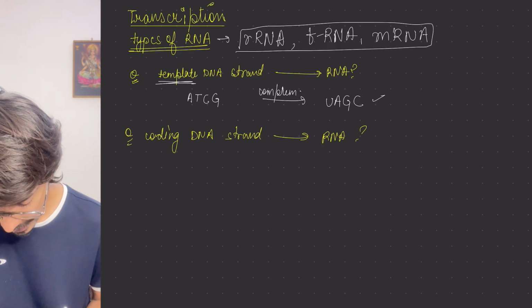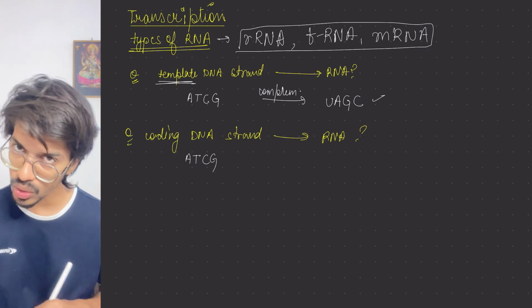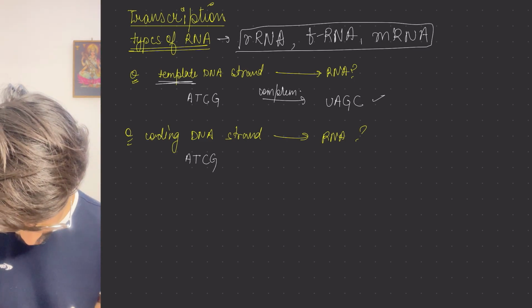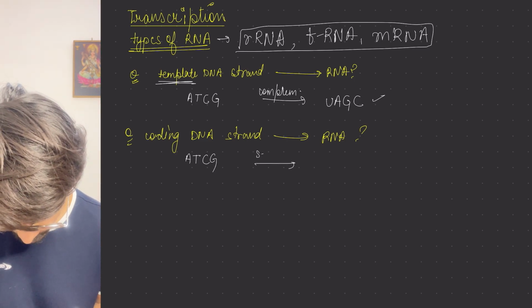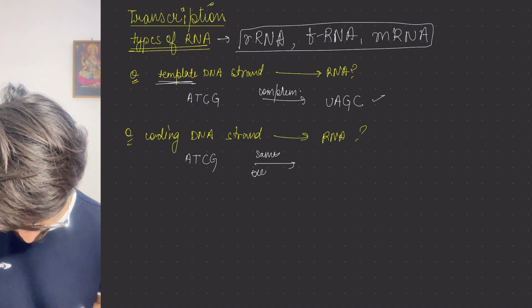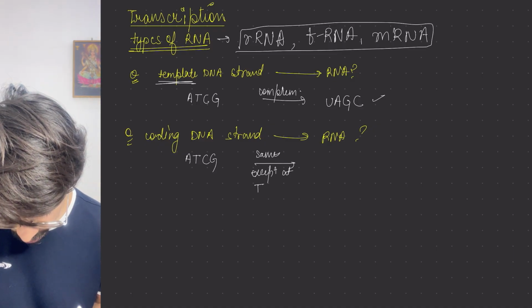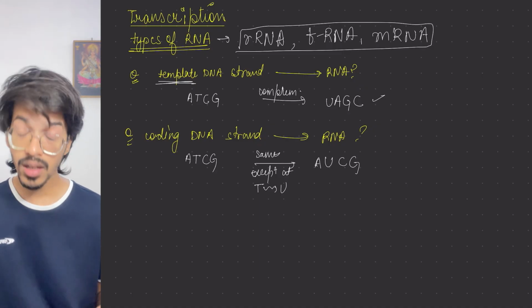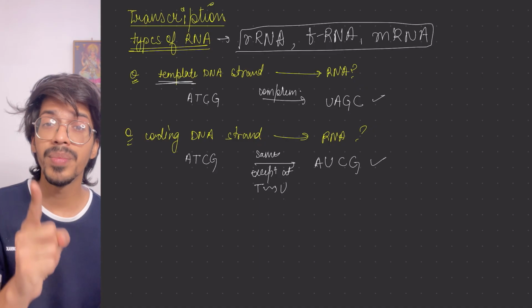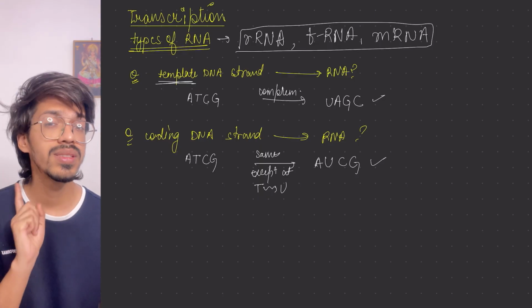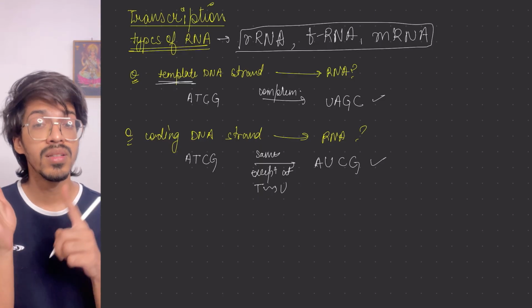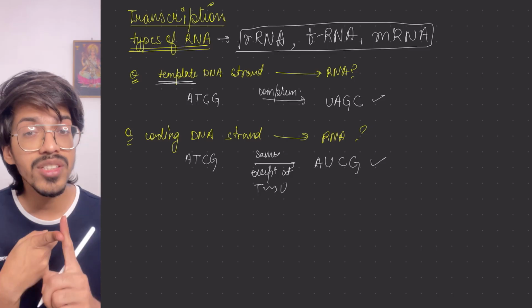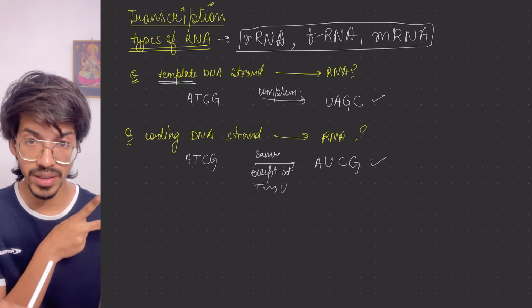So if, for example, A, T, G, C is present on the coding strand, the RNA will be the same, except T is replaced with U. So A will be A, T will be U, C, G. Very importantly, remember it: if transcription comes to you, you have to see whether the template strand or the coding strand is given.